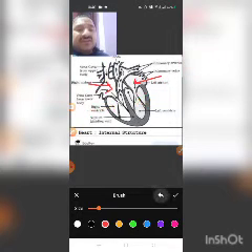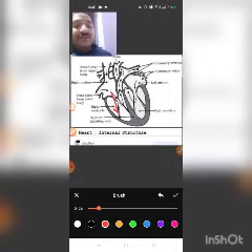In the meanwhile, this deoxygenated blood finds its way into the right ventricle. Here you may see in the right ventricle, from where it is pumped through the pulmonary arteries towards the lungs.